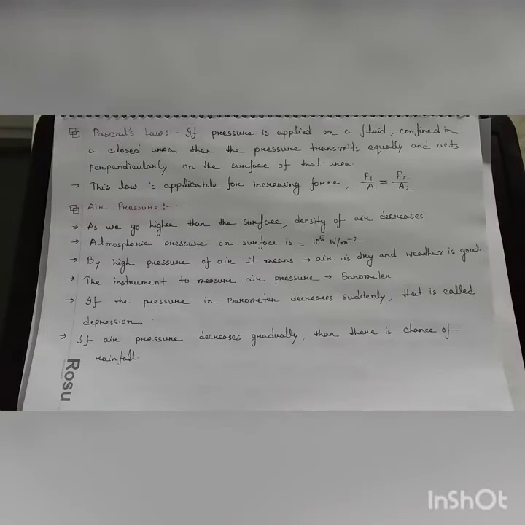So why is this law important? This law is applicable for increasing force.